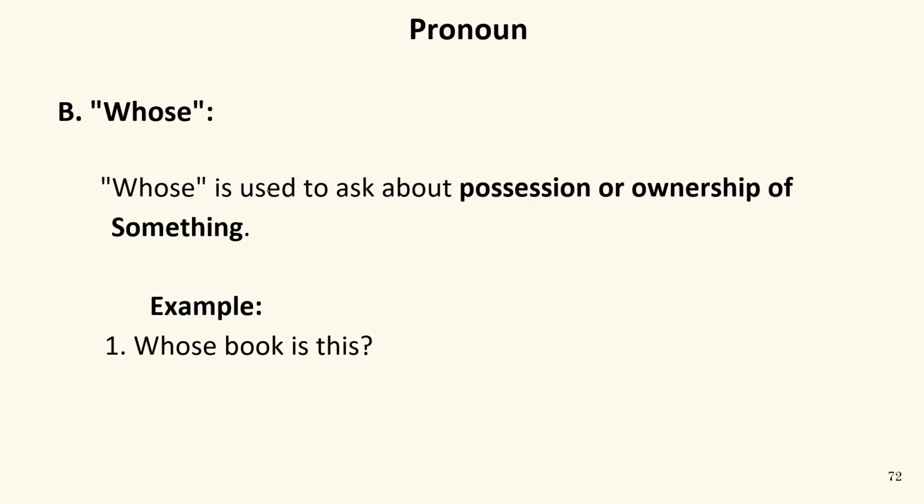Now whose is basically used for possession, but generally whose is used as an adjective. It is basically an interrogative adjective, because if I say whose book is this, here the word whose is a possessive adjective because it is being used just before the word book, that is a noun.